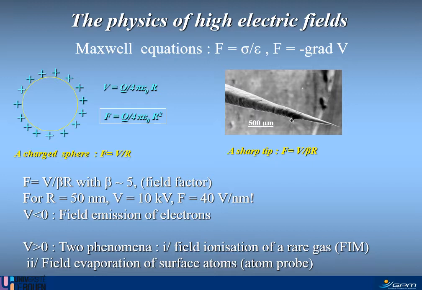And this is field ion microscopy. If you now increase the applied voltage a little bit more, you will be able to field evaporate surface atoms, the atoms of the specimen. Previously, it was not the atoms of the specimen, it was simply the rare gas. This rare gas can be helium, neon, or argon. So, two very different phenomena.